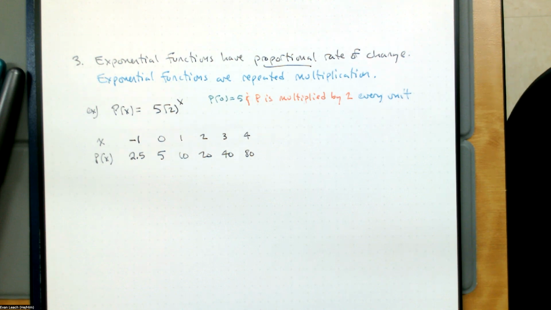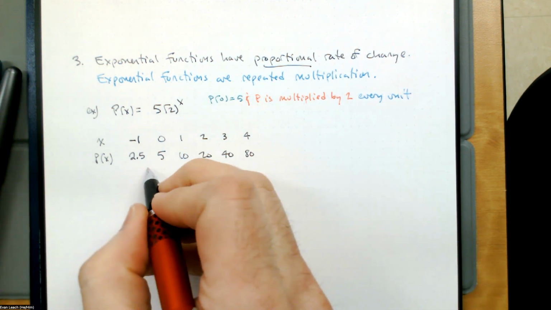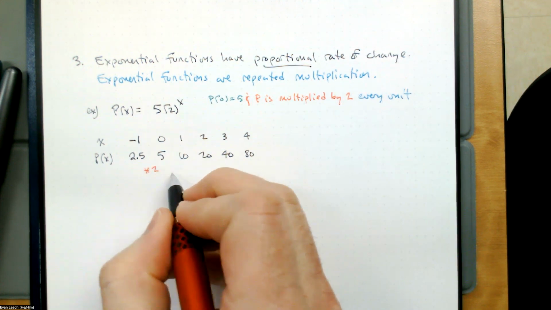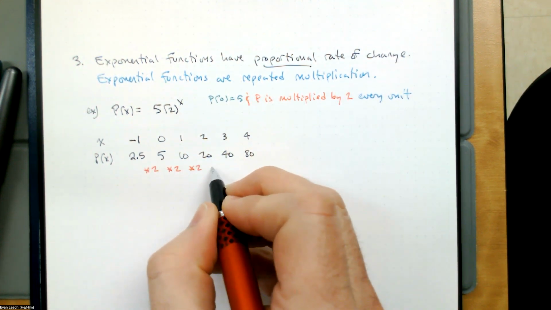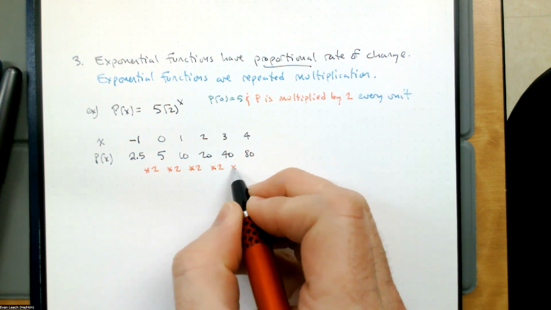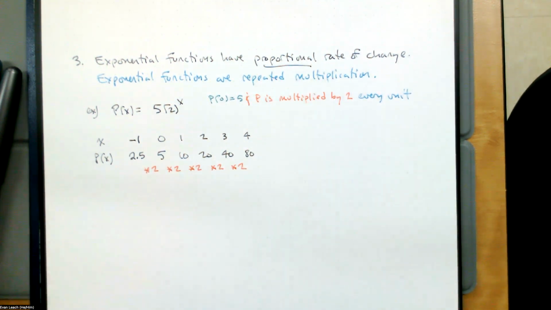When we identify the pattern of this exponential function, we identify multiplication. That's what makes it the exponential function. So we're repeatedly multiplying by 2. Start off at 5 and multiply by 2 a bunch of times. What I mean when I say the rate of change is proportional, that means if I have twice as much value in the function, my rate of change is going to be twice as much.